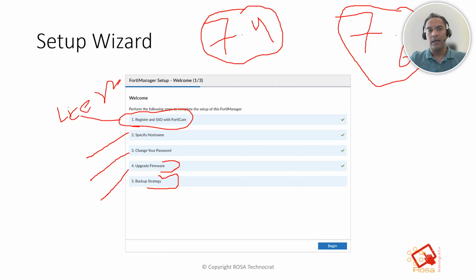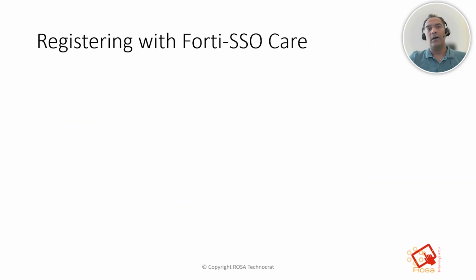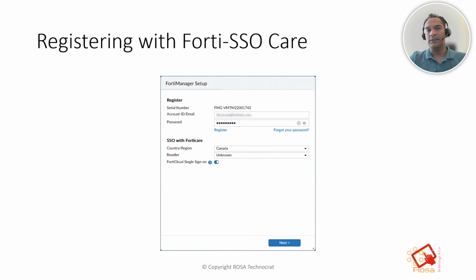So you should have this first step, the licensing, which is mandatory. Without this, it will not proceed. How do you register, or when we click on next, what happens? You get this setup.